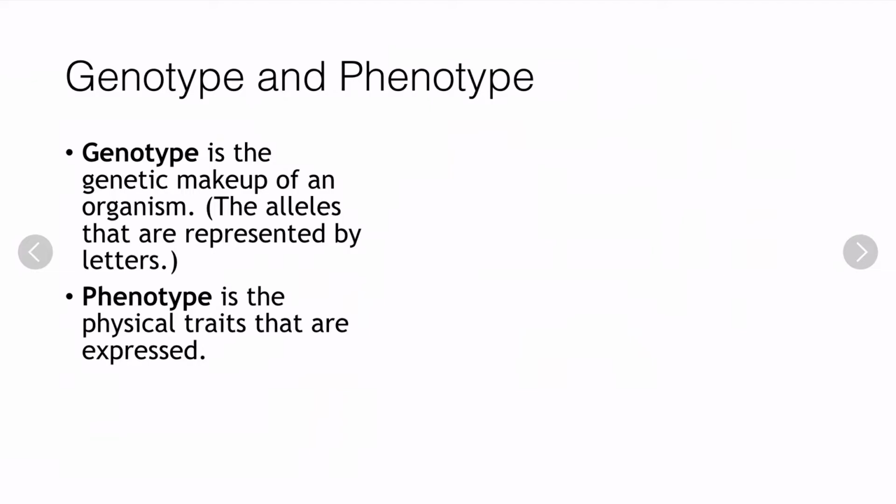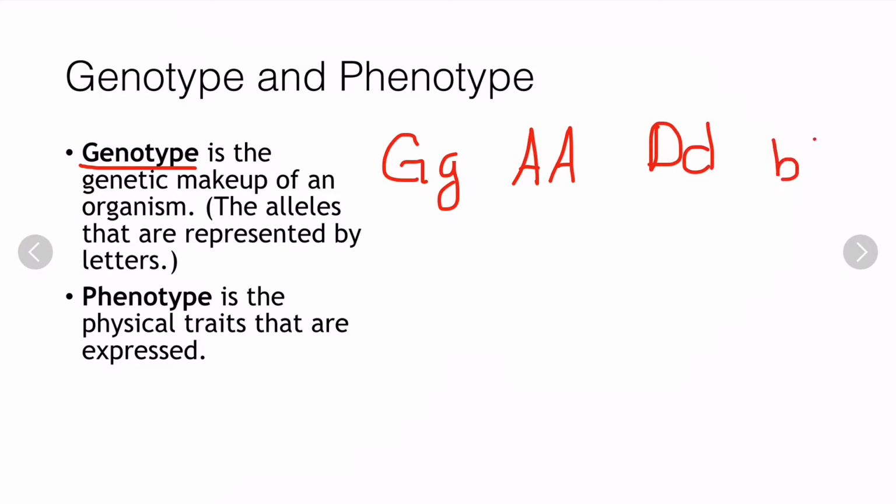Let's talk about the difference between genotype and phenotype. The genotype is the genetic makeup of an organism. That's like GG or AA or DD or BB. The alleles that are represented by letters, that's the genotype, okay? And the phenotype is the physical traits that are expressed.